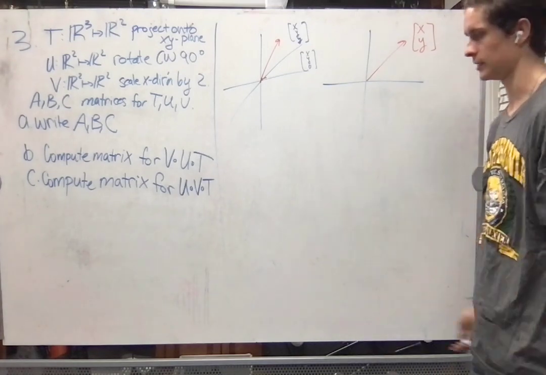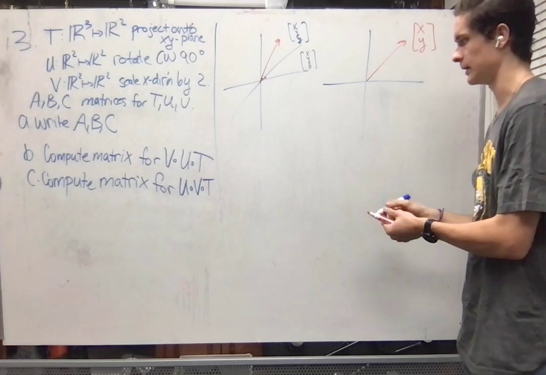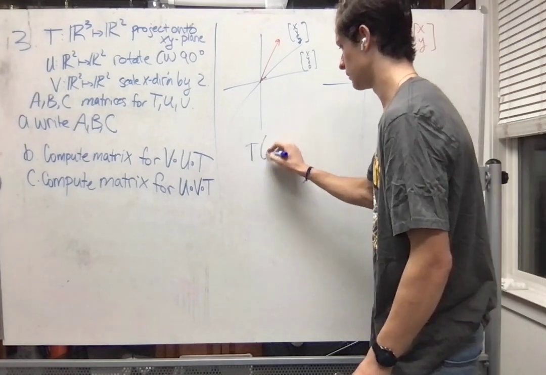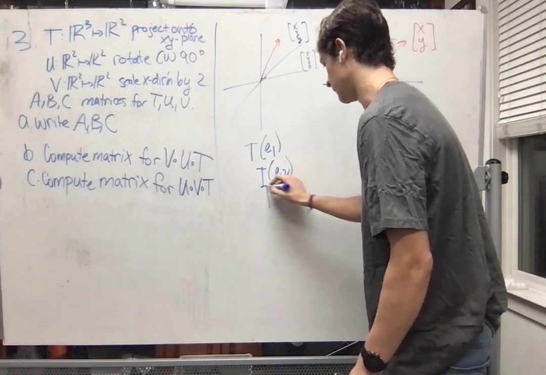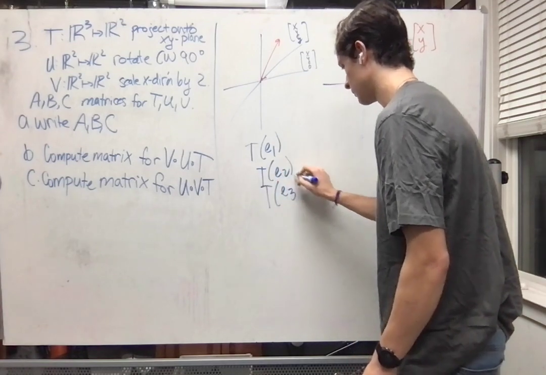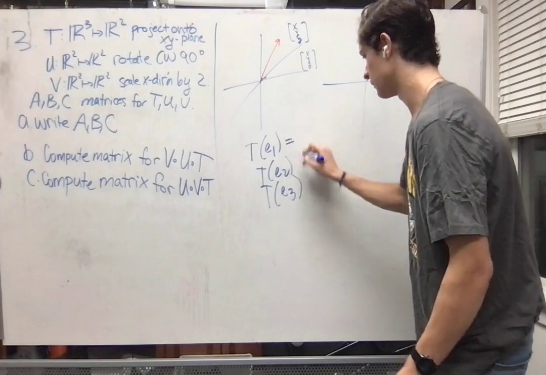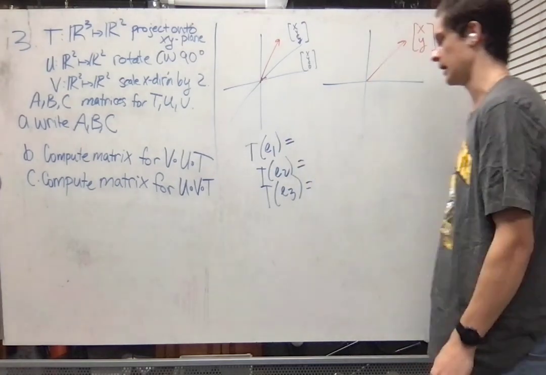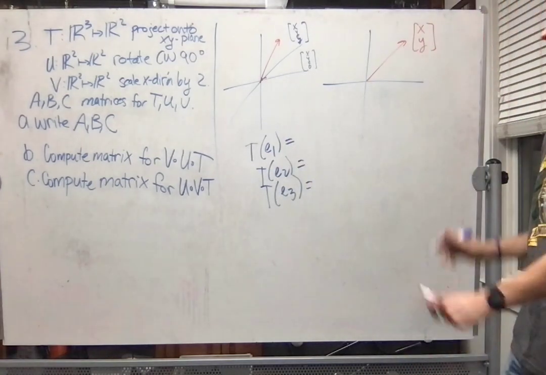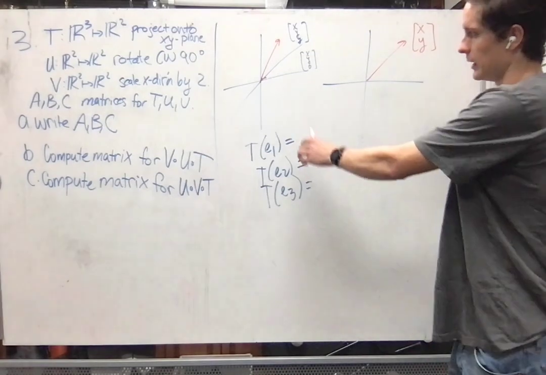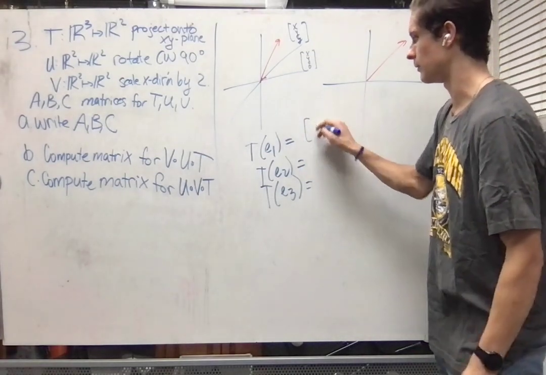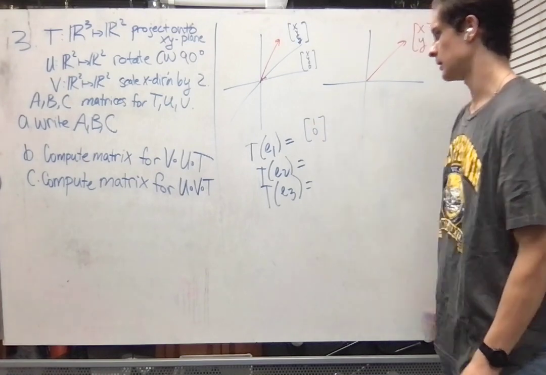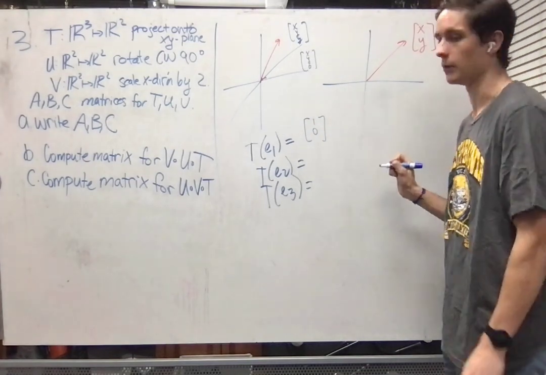So once again, the strategy for finding the matrix is finding T of E1, T of E2, and T of E3. And that's going to become the columns of our matrix. So E1 is 1, 0, 0. So T of E1 is just going to be 1, 0. E2 is 0, 1, 0.